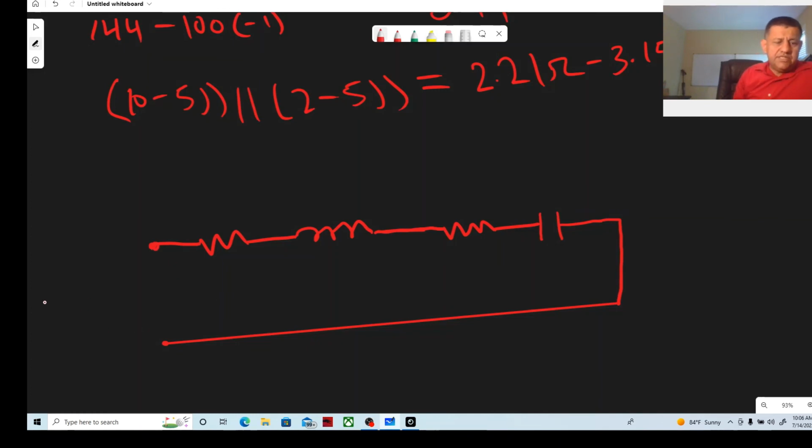All right, so this is the C you're trying to find, right? So now let's put back the values. So here is 10 ohms, I believe, from the figure, from the book.